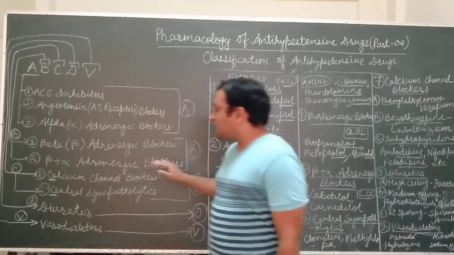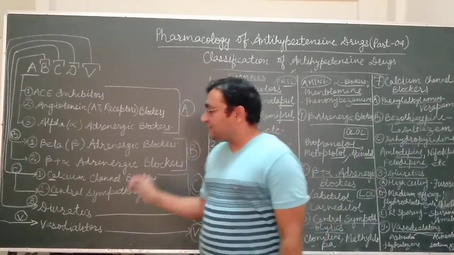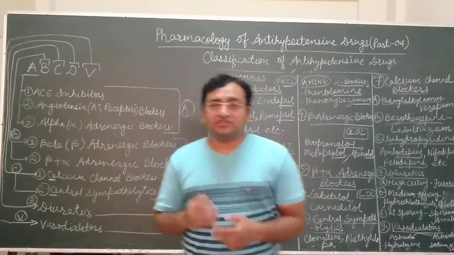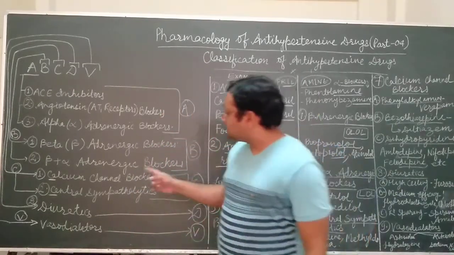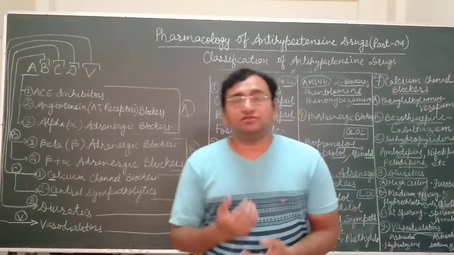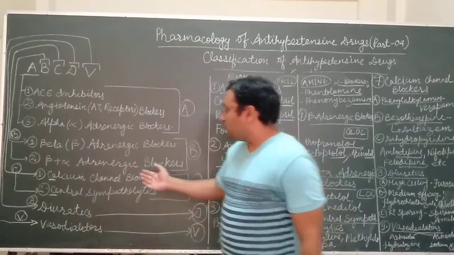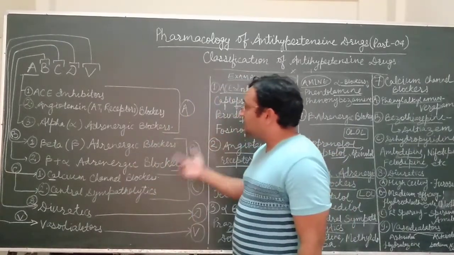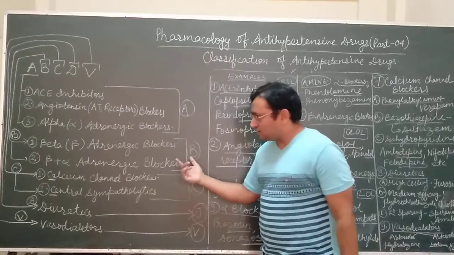And there are also some beta plus alpha adrenergic blockers which preferentially block the beta receptors, but to some extent also block the alpha receptors. So we have 3 types of adrenergic blockers.